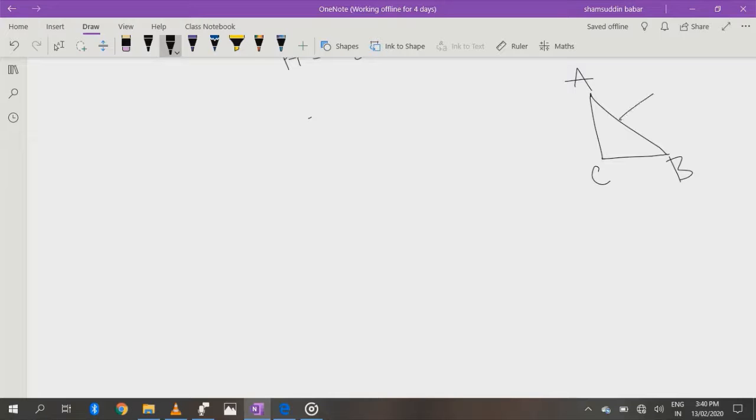For example, this is my normal force N and this is my shear force, or I can even show the shear force just along this line. Here I have to mention forces only.